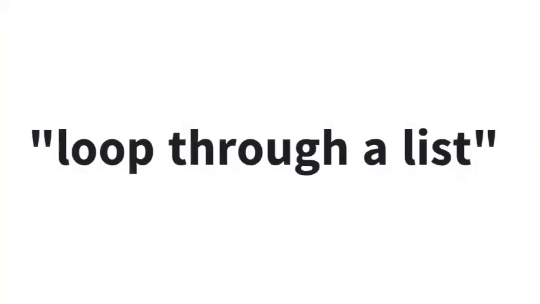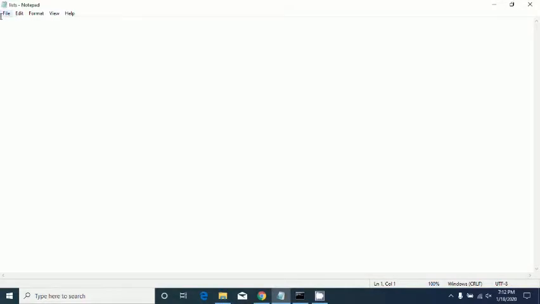So now we are going to loop through a list. What this means is that it will repeat and give you each term that is in the list. So let's do this.